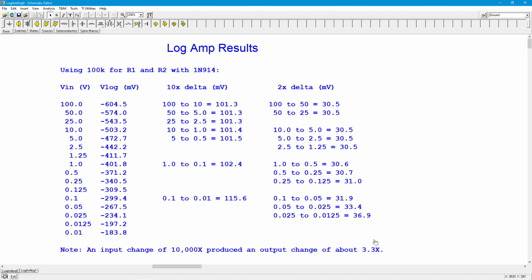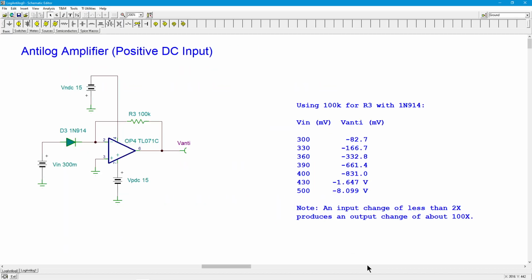That's a change of a little over threefold. 10,000-fold on the input gets squished down to a little over threefold, right? That's really, really compressive. Now let's flip this and look at the twin, in other words, the anti-log amplifier.